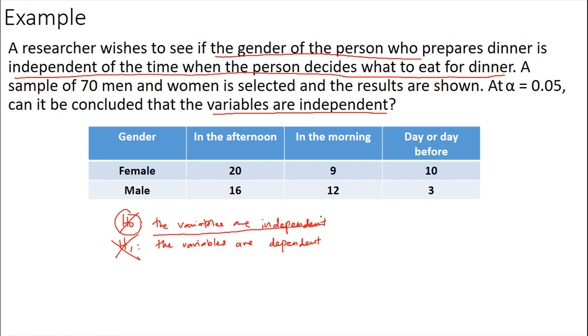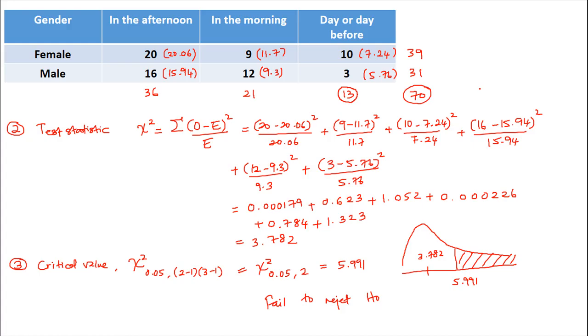So the conclusion is the gender of the person who prepares dinner is independent of the time when the person decides what to eat for dinner. Okay, you can simply copy back this sentence for the conclusion. You have to write the conclusion in full sentence.